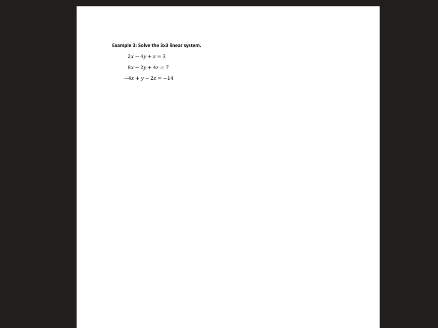And let's look at one more example. Example 3. Here are my 3 equations. Start by picking the first 2 if you want. And my second equation, 8x minus 2y plus 4z equals 7. And I need to pick one variable to eliminate. Maybe this time I want to eliminate the y's.